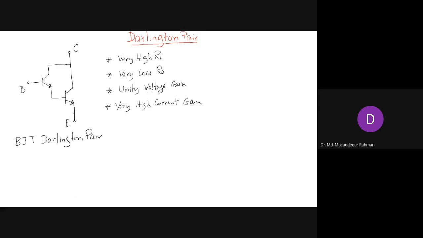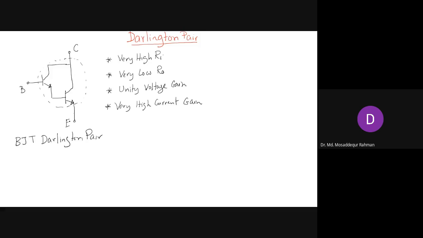So this has 3 terminals like any other transistor, right? And these 2 transistors together, they work like one single transistor, and they can be considered as one single transistor.